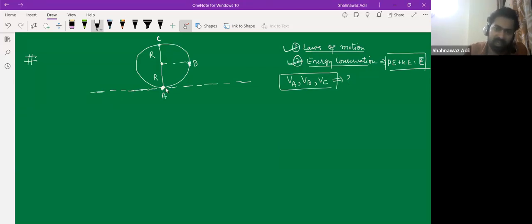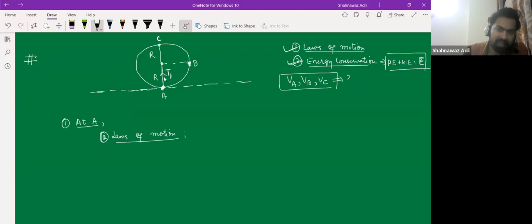So let's talk about point A first. At A, first talk about the laws of motion. What do I have? Let's say this is the rope, so tension is towards here. Let's say this is T1.